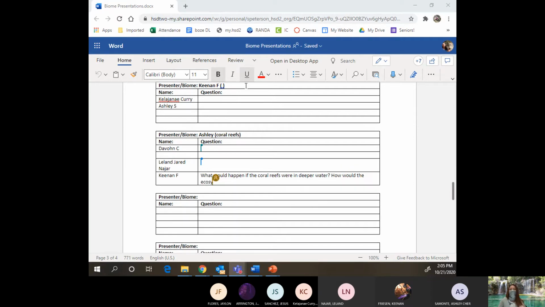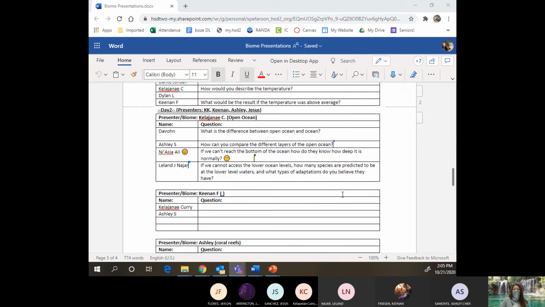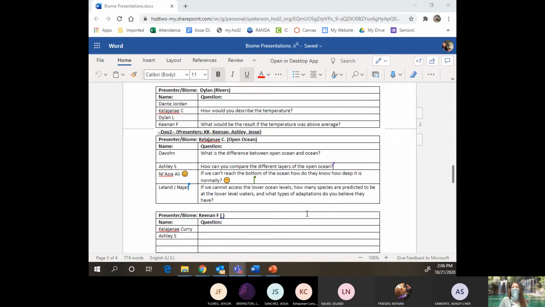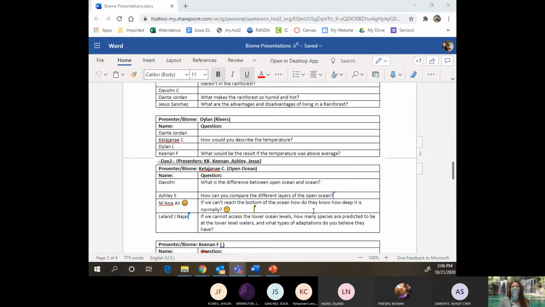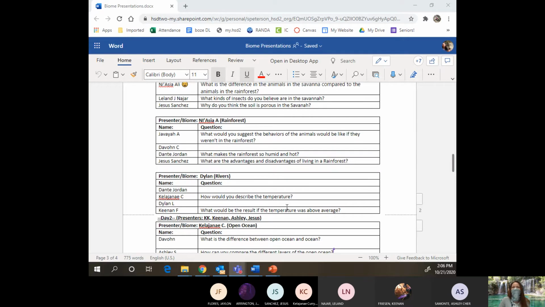While I transition over, get some of your questions in here. Remember, I'm looking that you have 3 of them. A couple things to make sure they make sense. I was reading through them the other day, and there was a couple of them. Like KK, come on, how would you describe temperature?